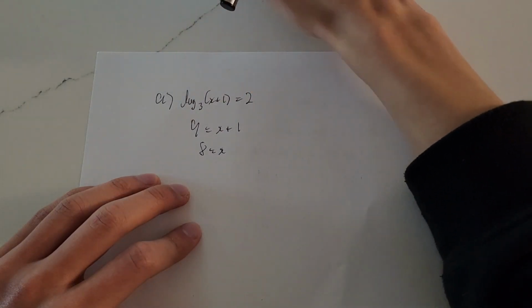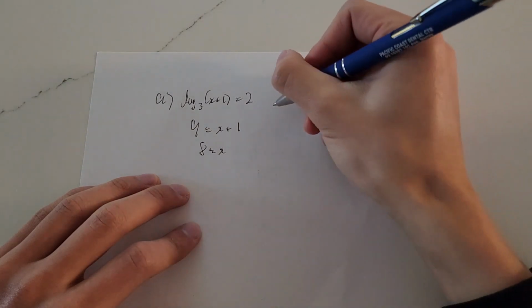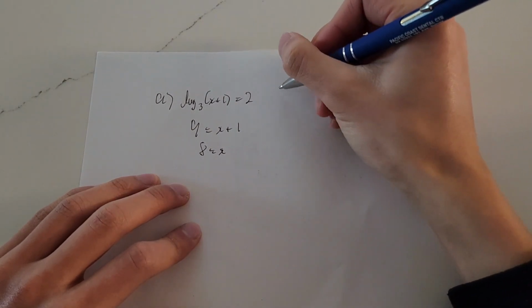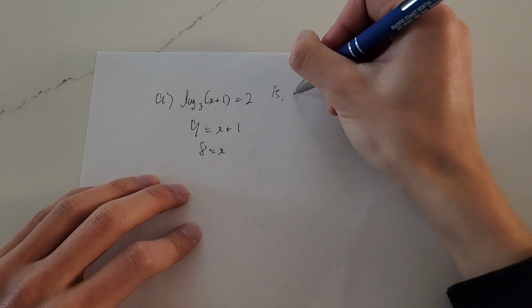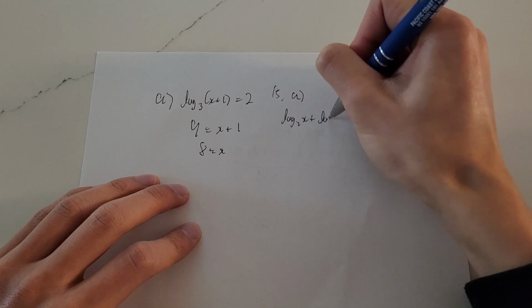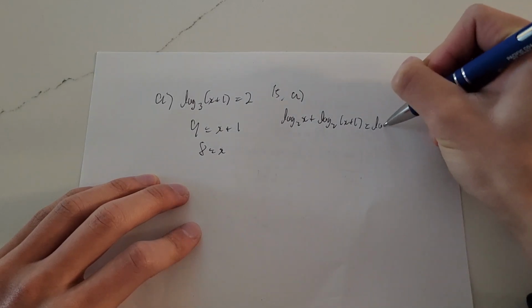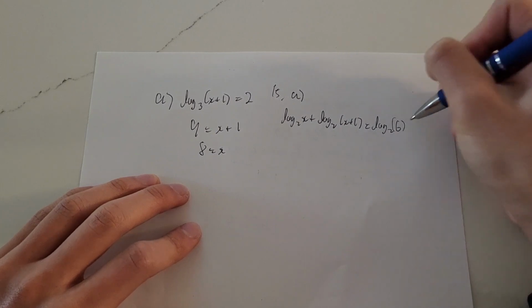But if there are multiple logarithms, such as question number 15, then in question 15, we are given log base 2 of x plus log base 2 of x plus 1 is equal to log base 2 of 6, right?